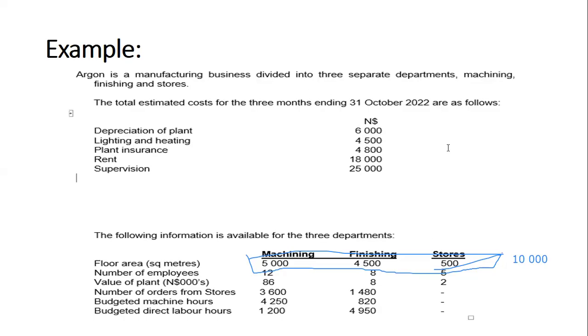The answer you get is the amount you apportion to machining. Then you take 4.5, divide it by the total, and multiply it by 4.5. The answer you get is how much you apportion to finishing. We take 500, divide by 10,000, and multiply by the amount for lighting and heating.